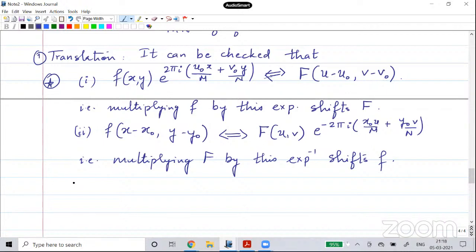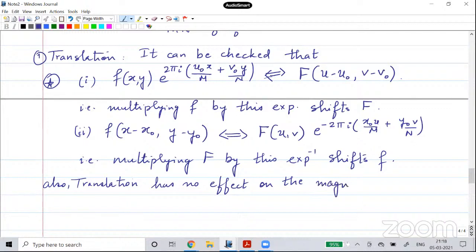So translation has no effect on the magnitude of F(u,v).